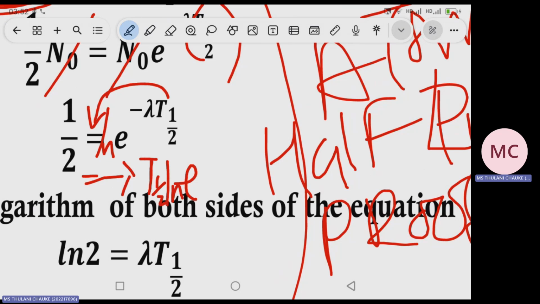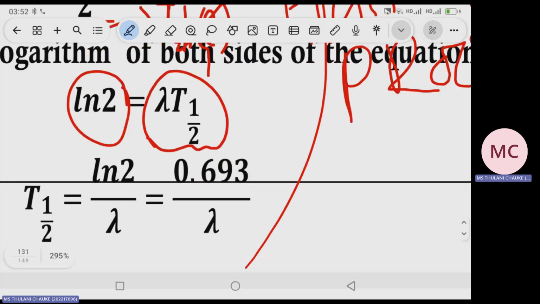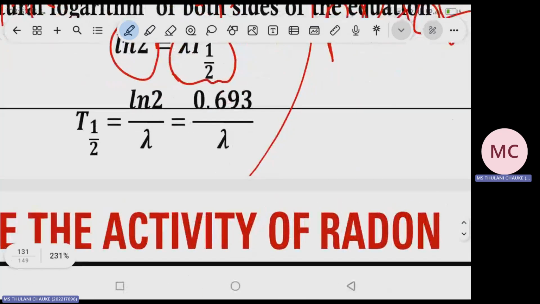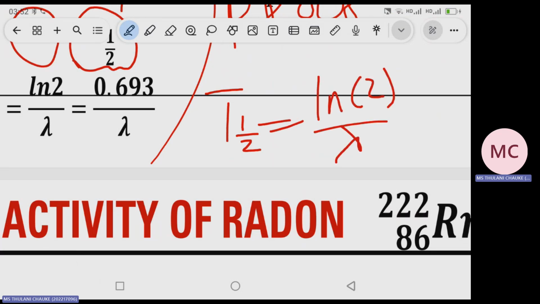The ln of half brings down the negative, and hence they were having ln 2. So if they ask you to calculate the half-life, just know they want you to use this equation: T half equal to ln 2 over lambda.